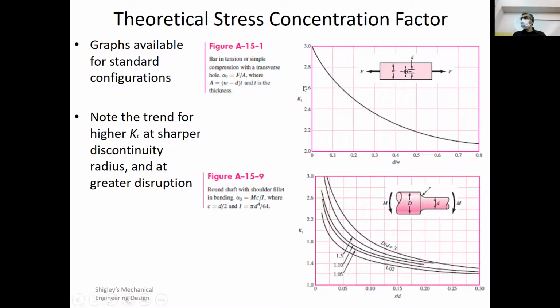So using this chart, I can find a KT depending on D over W, where D is the diameter of the cut, W is the width of the plate. So the smaller this D over W ratio, the higher the KT. But you can see that easily the stress is going to be doubled.